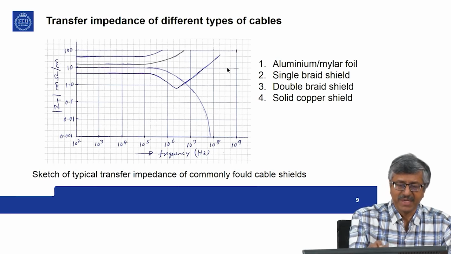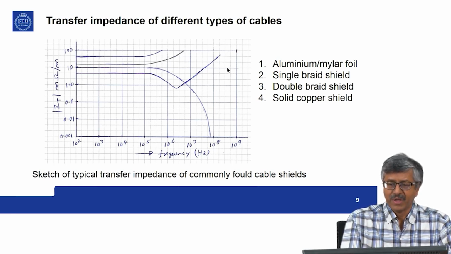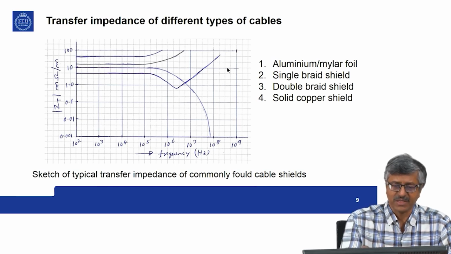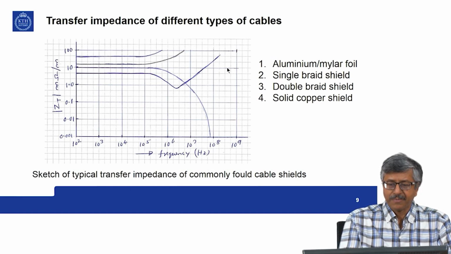These are some typical calculations using realistic properties. This is kind of a sketch of it. For example, one is aluminum mylar foil.